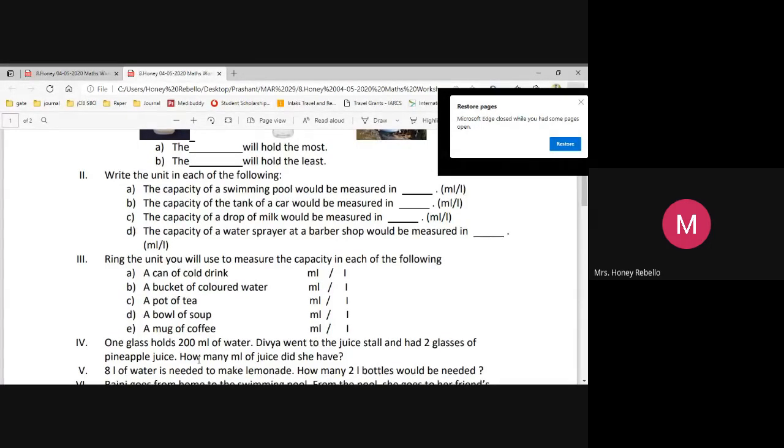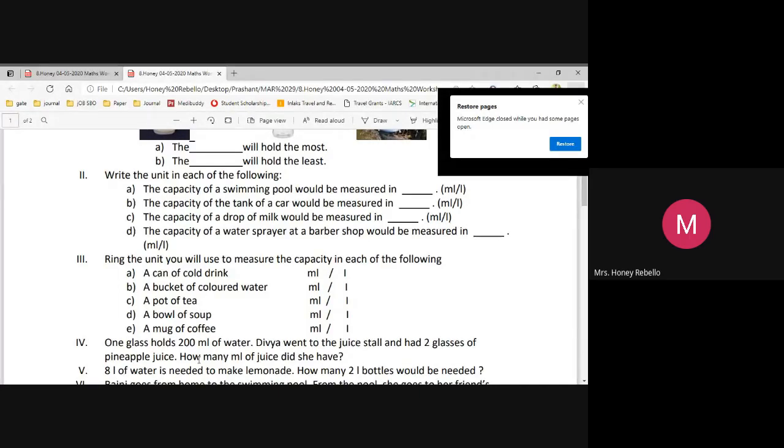When the petrol is not enough in your car, you go to the bunk and put petrol. So the capacity of the tank of a car would be measured in what? Will you tell 1 liter, 2 liter, or 1 milliliter, 20 milliliter?